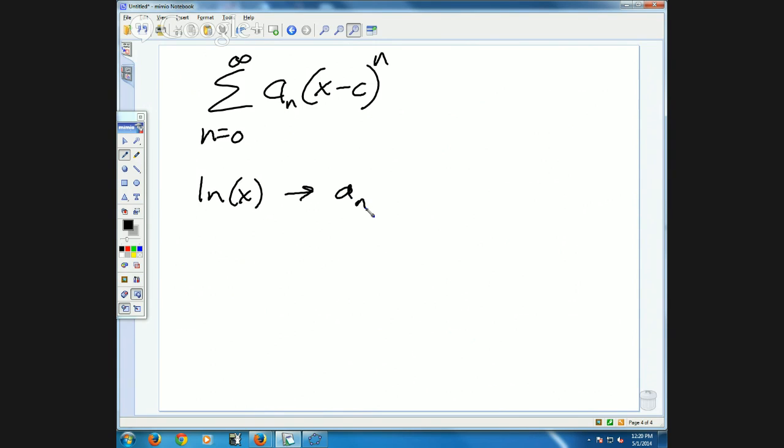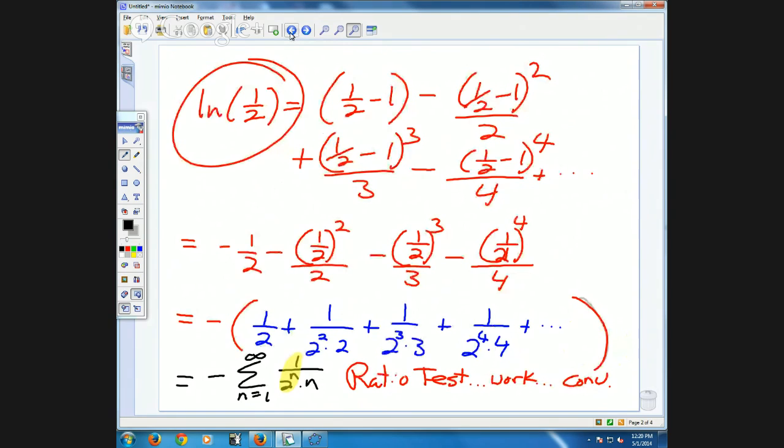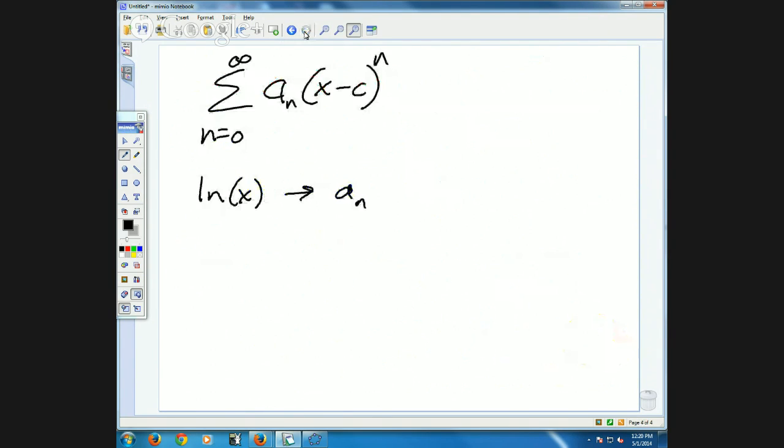With the natural logarithm, the A sub n's, let's look back. Well, the first one would be a 1. This one right here would be a negative 1/2, positive 1/3, negative 1/4. Those would be the coefficients of the powers of x. So that'd be something like negative 1 to the n plus 1 divided by n, since that one started at 1, or what the coefficients of that series look like.